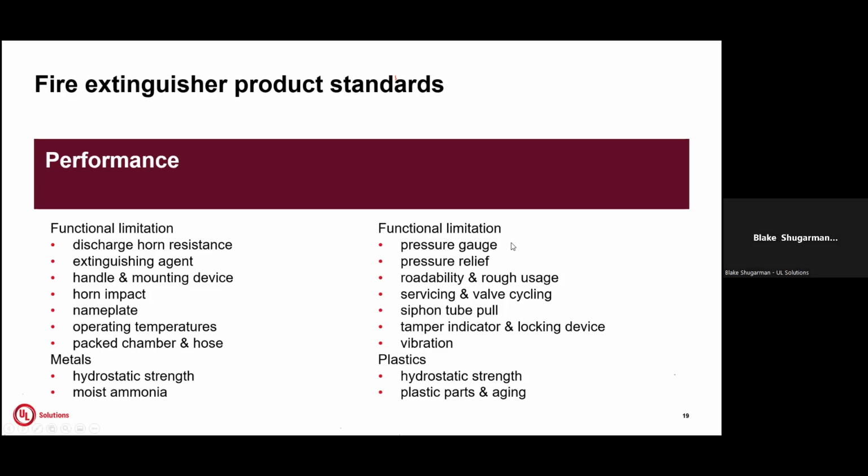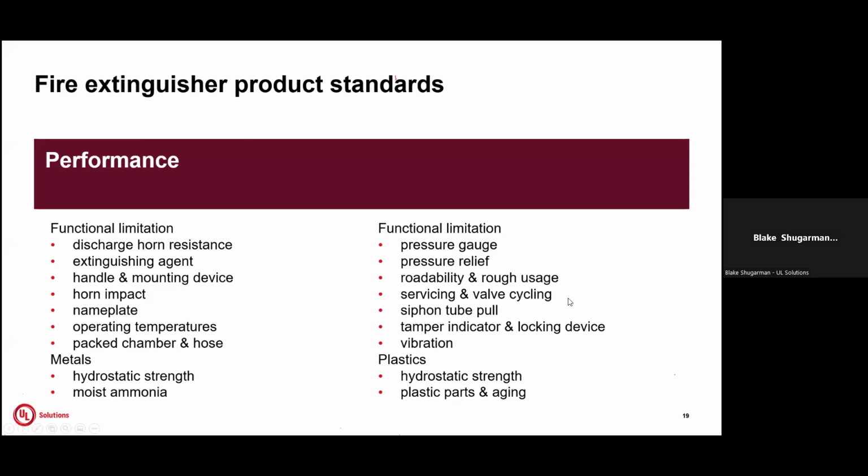Additional functional limitation tests include pressure gauge tests. There's a myriad of pressure gauge tests. There are tests on a pressure relief device if it is so designed to require one, like CO2 and some clean agents. There's a roadability and rough usage test for large extinguishers that are wheeled, as well as for smaller extinguishers for when they may be dropped.